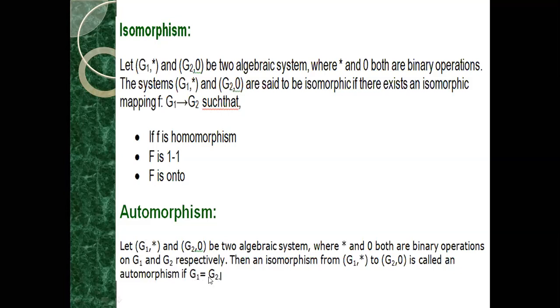Here G1 and G2 may have two different binary operations, but finally G1 is equal to G2, so we say that the mapping f from G1 to G2 is an automorphism.